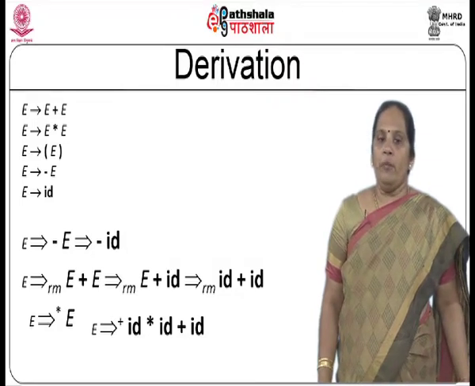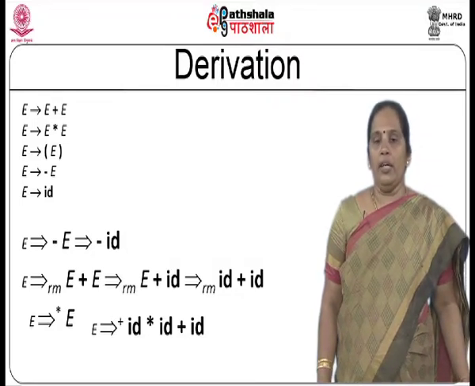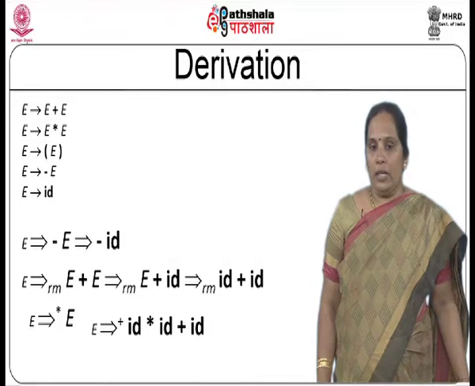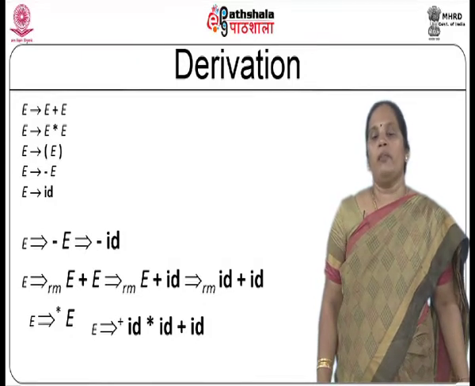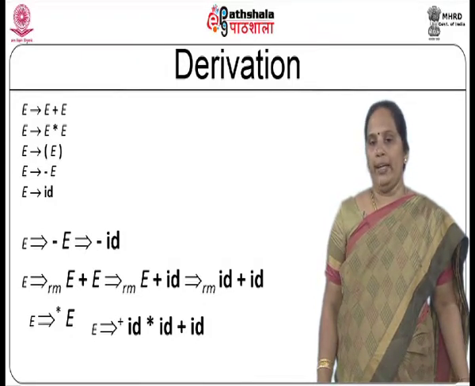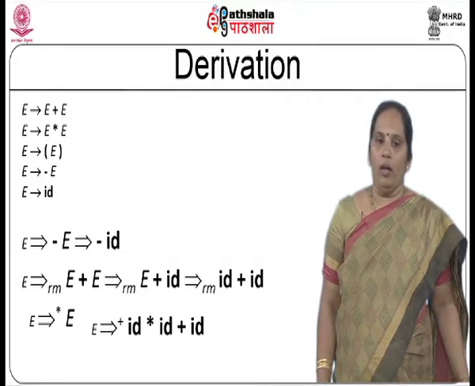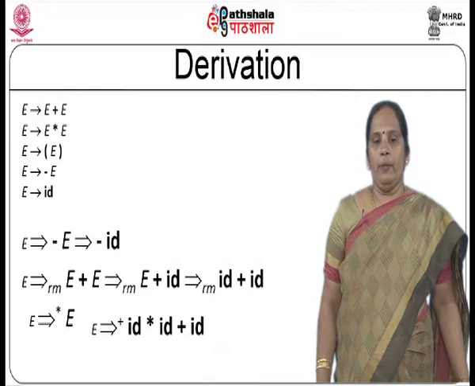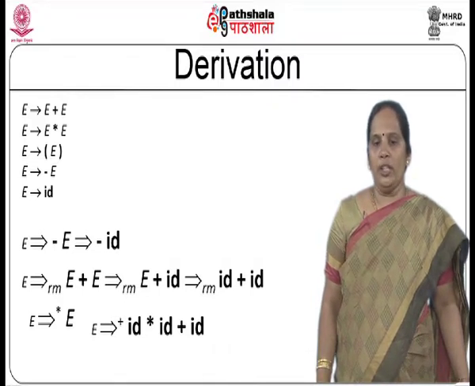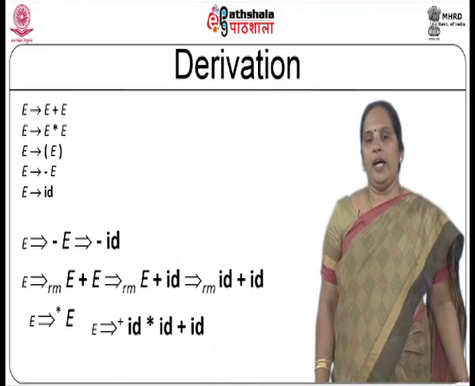If I apply a rightmost derivation, I have E plus E producing E plus, replacing the rightmost non-terminal first, E plus ID, which in turn derives ID plus ID. Or alternately, E derives E star E, which in turn derives ID star ID plus ID.